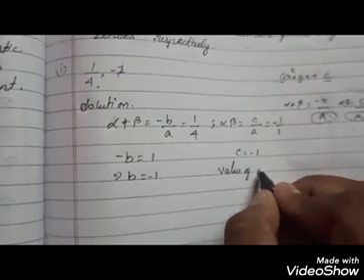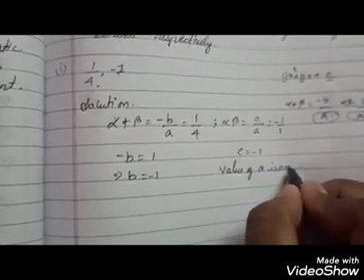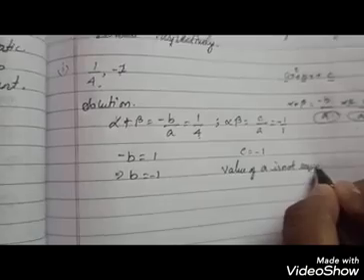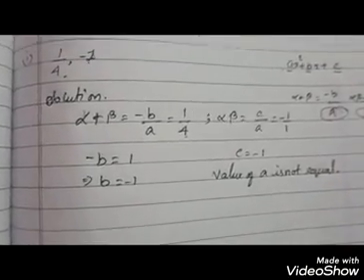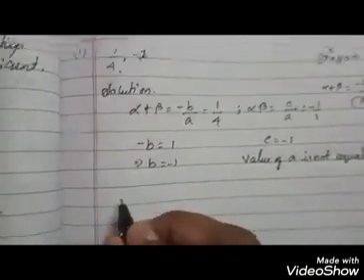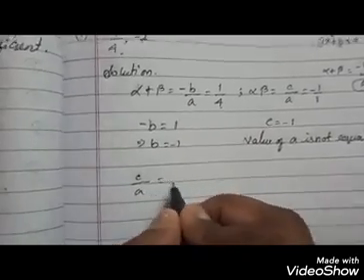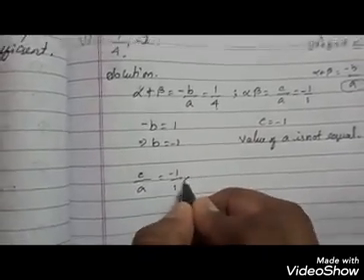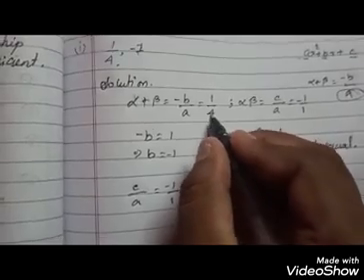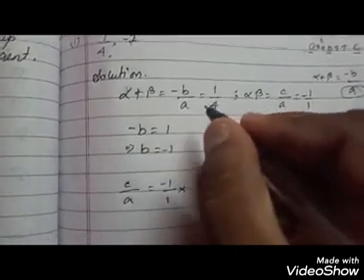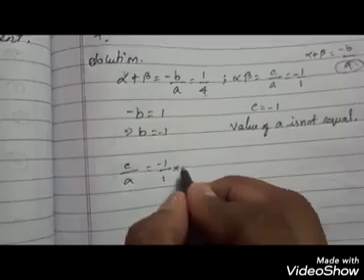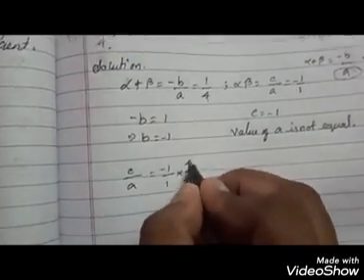Value of a is not equal. So c by a becomes minus 1 by 1, which into 4. We need to get the denominator as 4, so it can be multiplied with 4 and 4.